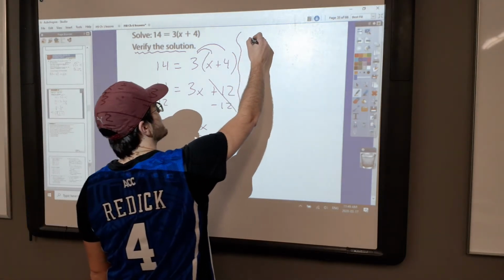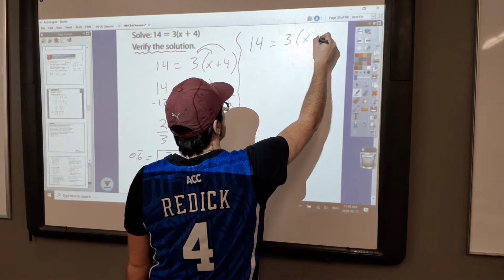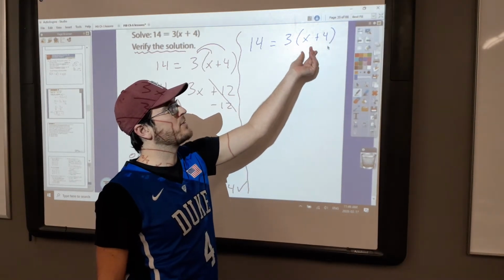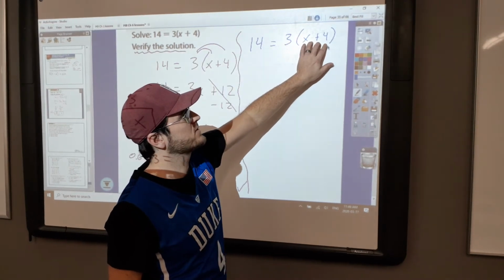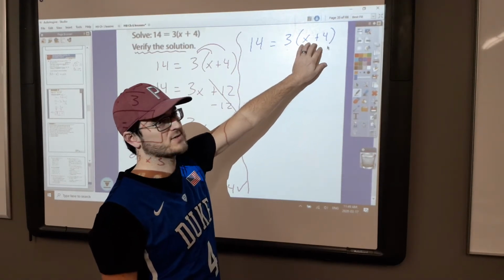But another way to tackle a question like this is to think of it as this stuff in brackets is technically one thing. So I could look at this as 3 times something equals 14, and now we just need to go find that something.